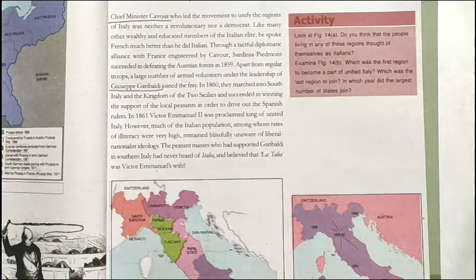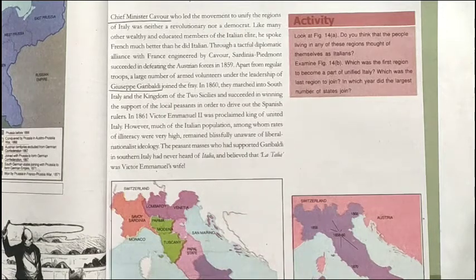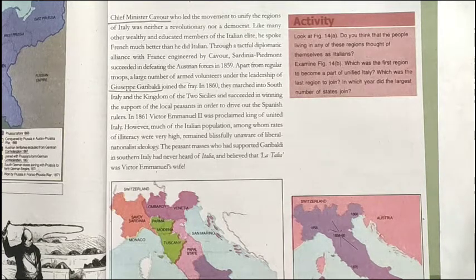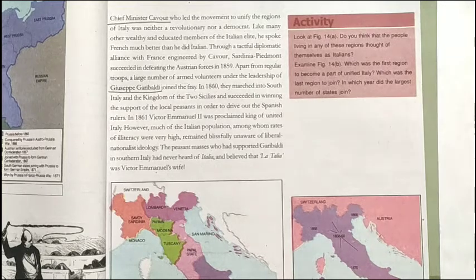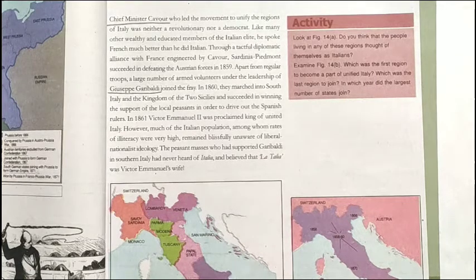Chief Minister Cavour was an Italian elite. He led the movement to unify the regions of Italy, but he was not a revolutionary nor a democrat. And just like other elite members of Italy, he too spoke French. He also had a good bond with France. So this helped him in the war.